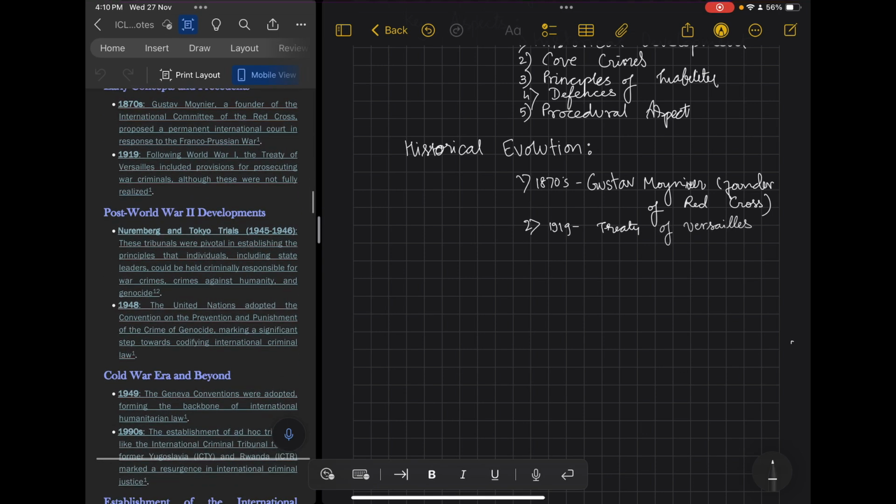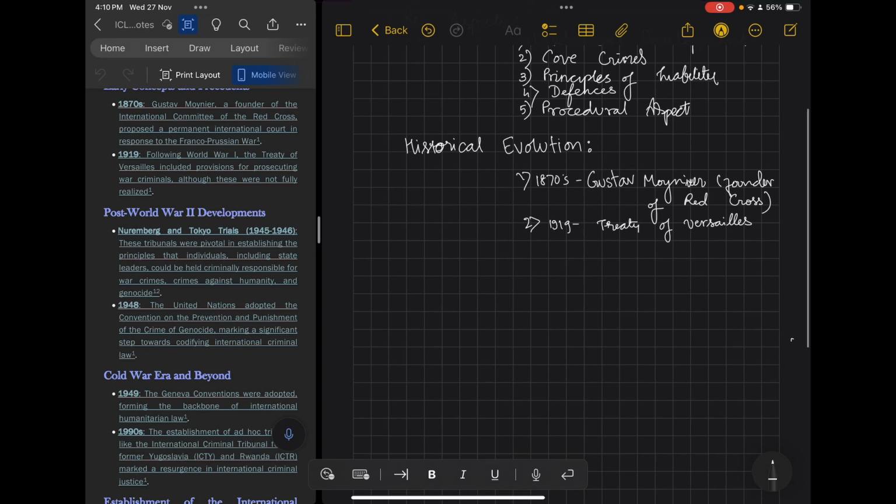Then comes the post-World War. So we'll just continue it. The third event which has shaped is 1945 to 1946, Nuremberg.